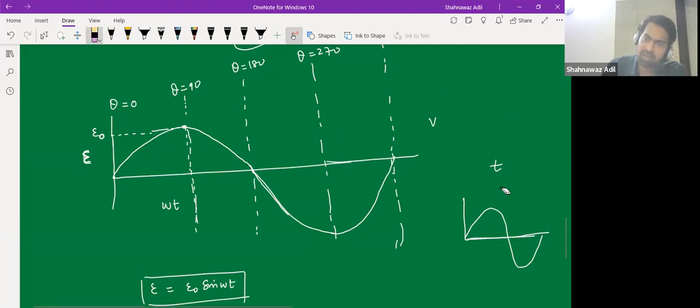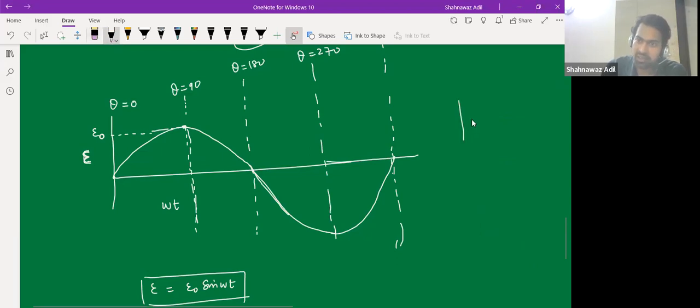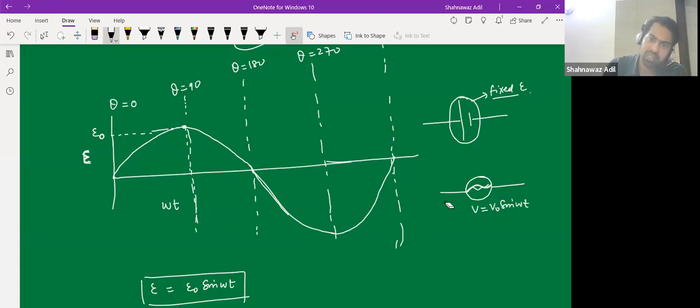In the previous example, we were writing the cell as this, representing a fixed EMF, right? But now in this chapter, we will represent the EMF like this. So this will represent the fluctuating voltage, which is V naught sine omega t, or E, which is E naught sine omega t, right? So this is a fluctuating voltage. Is this part clear?